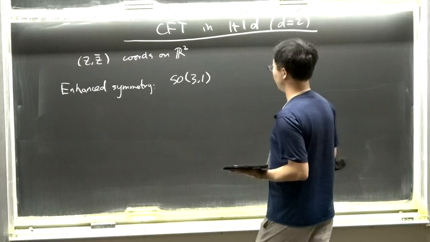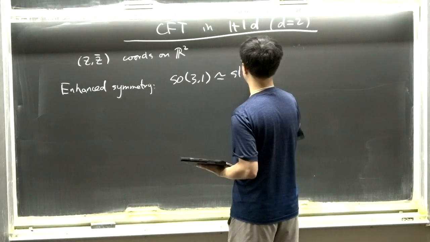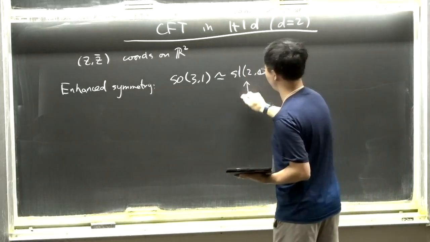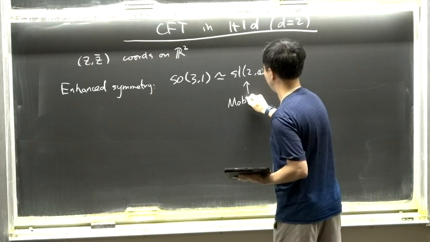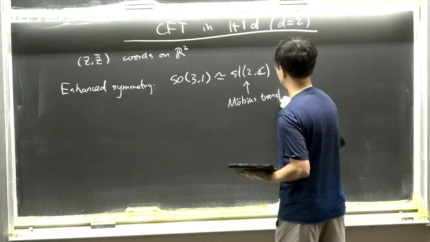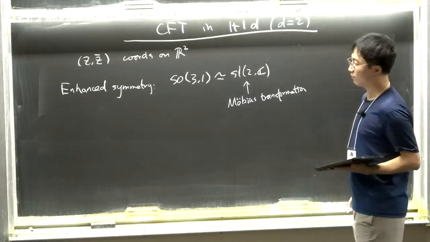At the level of a Lie algebra, this is equivalent to SL(2,C). And this is nothing but the group, well, the algebra of Mobius transformations that you probably learned from a complex analysis class. And it's very simple.